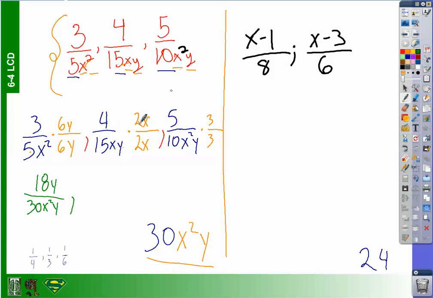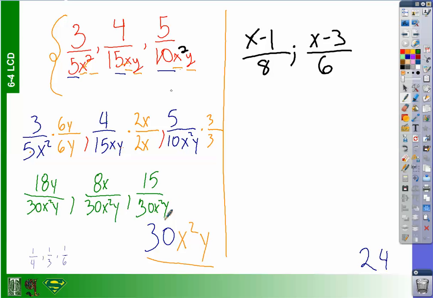So now 4 times 2x is 8x, and the same denominator. And finally, 5 times 3 is 15, over the same common denominator.